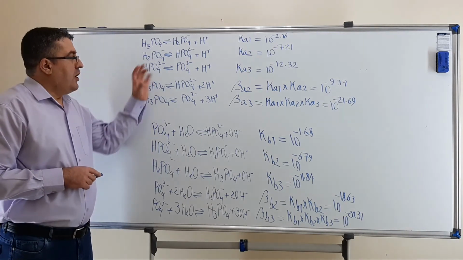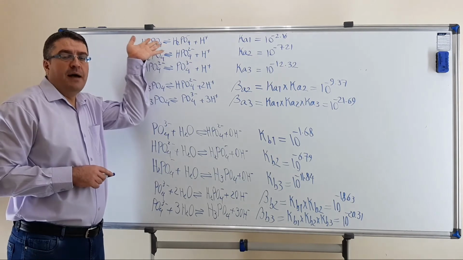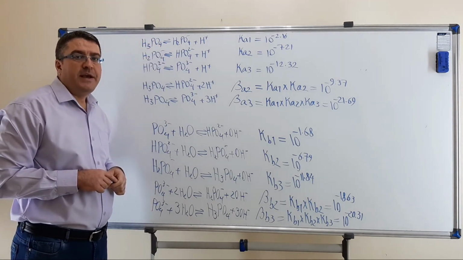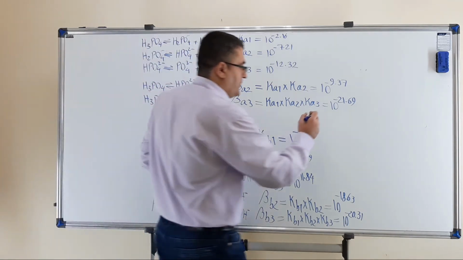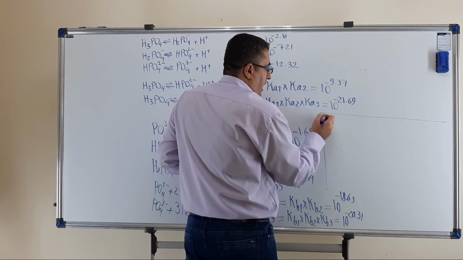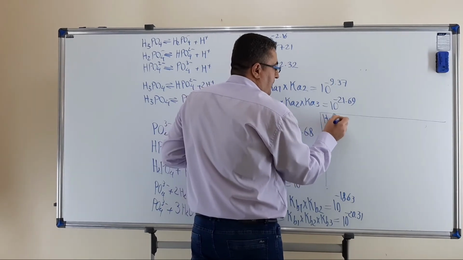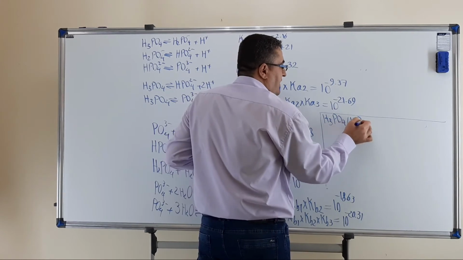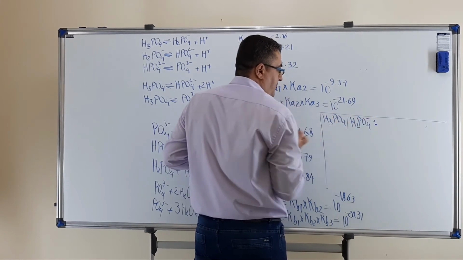Here, for this triprotic acid and base, we can consider three conjugate acid-base pairs as follows. Phosphoric acid as the conjugate acid, dihydrogen phosphate as the conjugate base.